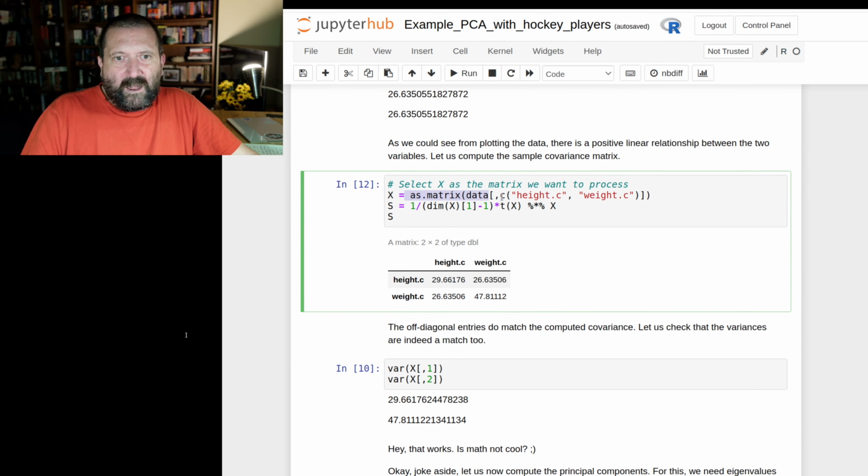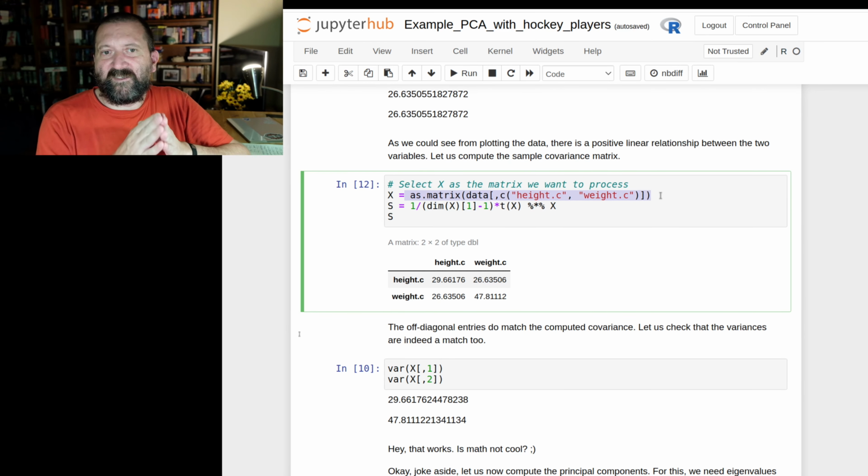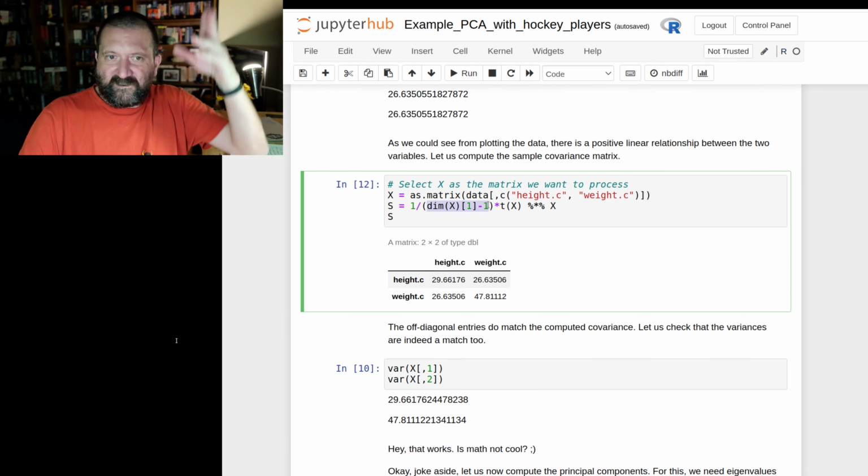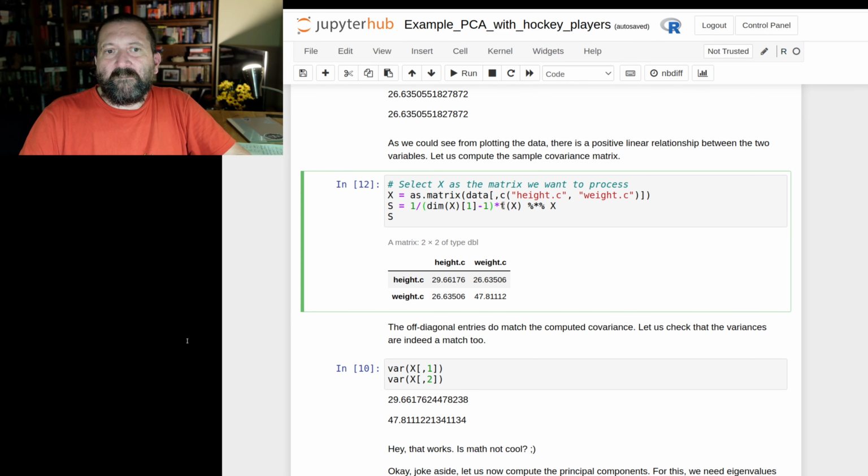I'm going to take the matrix X to be the data matrix with the centered heights and weights, and then compute 1 over n minus 1, where n is the dimension of this matrix X, times the matrix product of X transpose times X. If you recall, we saw that this was an unbiased estimator of the covariance matrix.